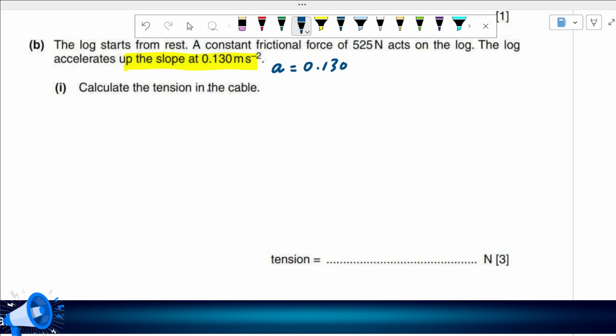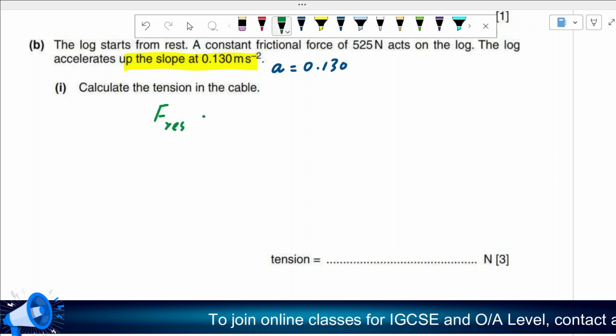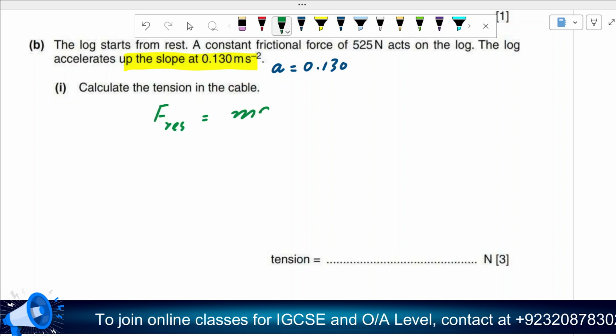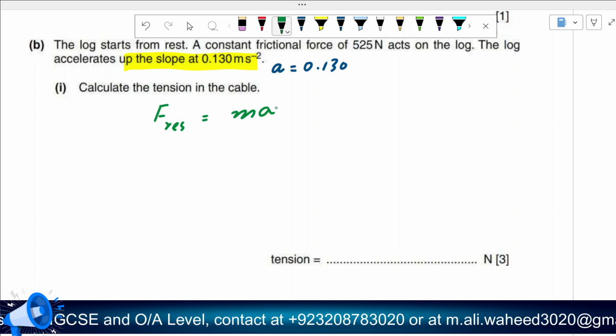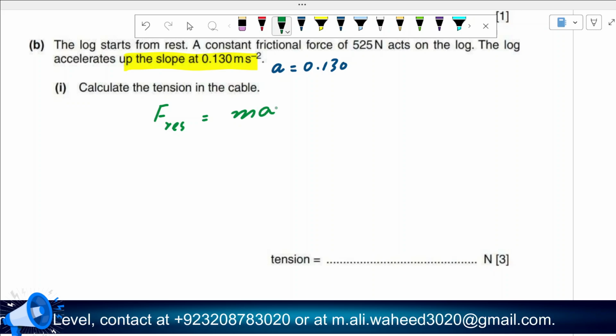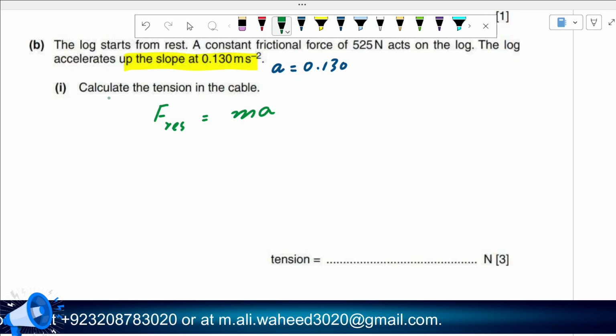Calculate the tension in the cable. So whenever the system is accelerating, the very first equation that we write is this one. Everything else would be done afterwards. You see the word acceleration? Straight away, write down this expression: F resultant equals ma.